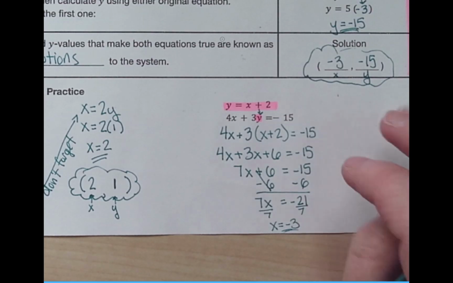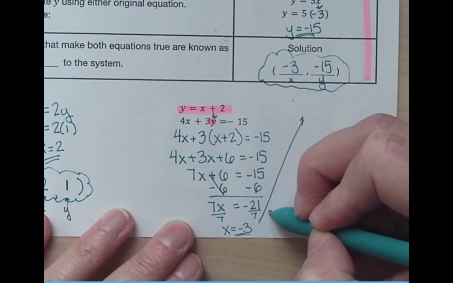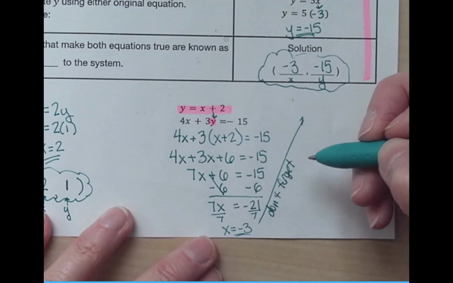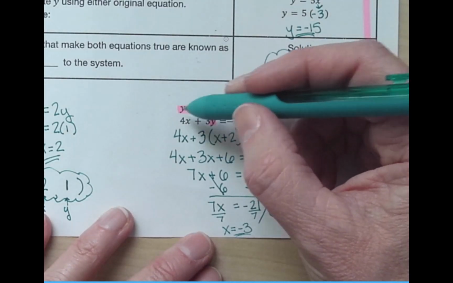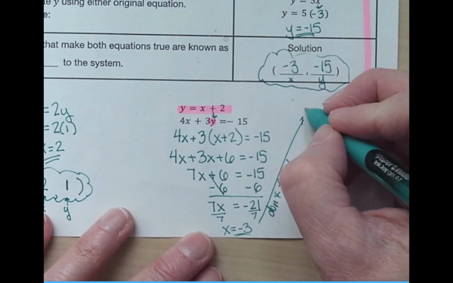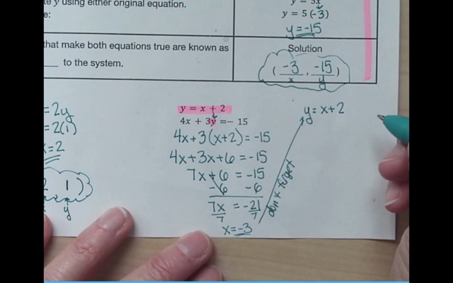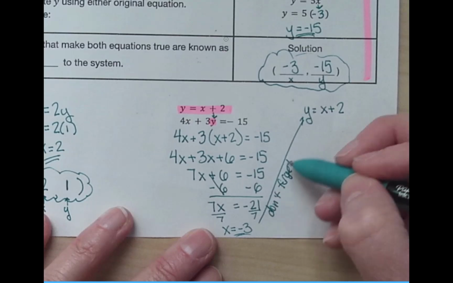Now remember, we're not done. Don't forget. We still need to find y. I'm going to go back. I can use either of these equations, but I'm going to go to the one I highlighted here. It's usually the easier one. And I just found that x was equal to negative 3.